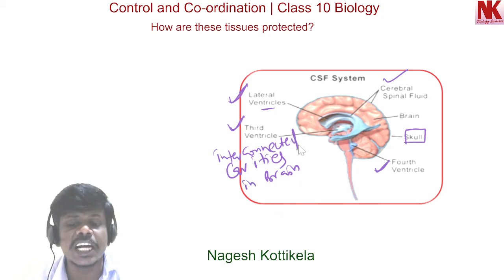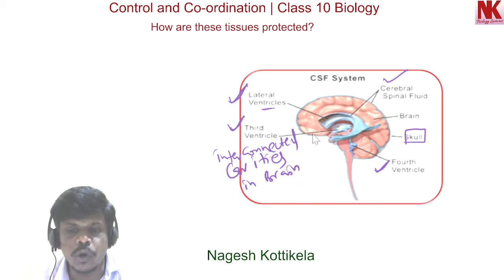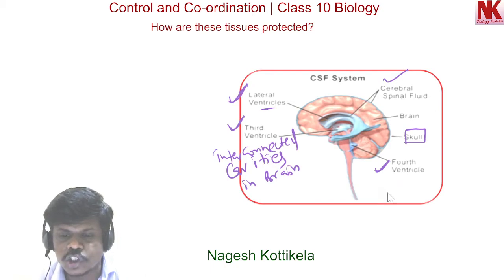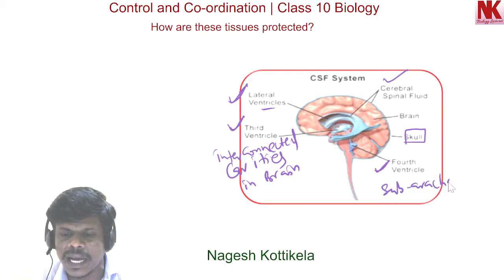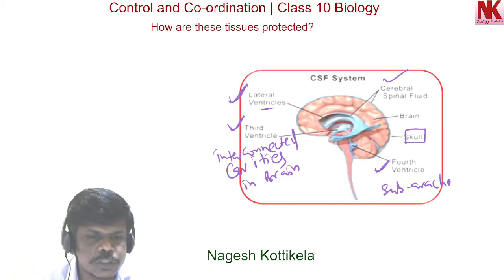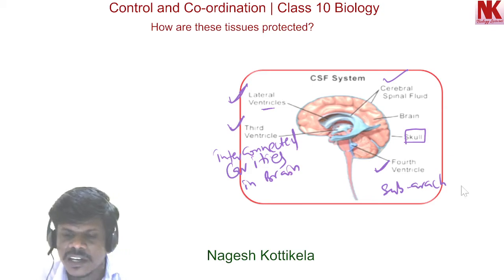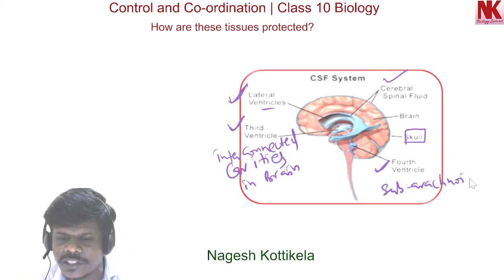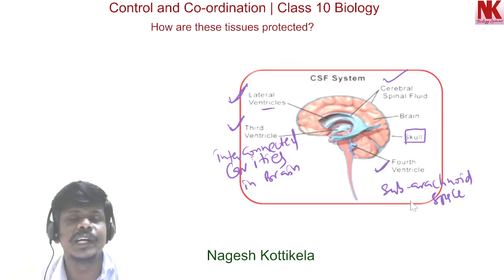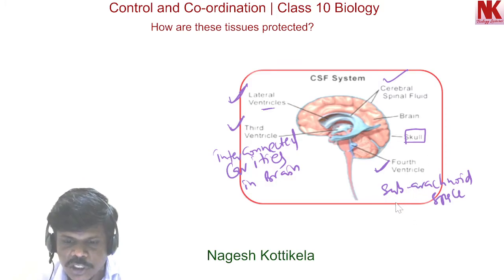So inside these ventricles and also in the subarachnoid space, you can see here, this is between the arachnoid membrane and the pia mater.